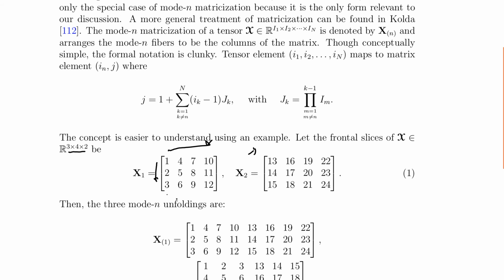Then the mode 1 matricization will just stack all these column fibers together. So I have 1, 2, 3 from here, 4, 5, 6 from here, 7, 8, 9, and so on.